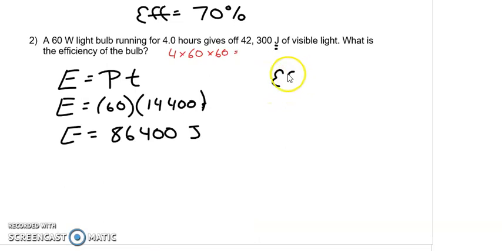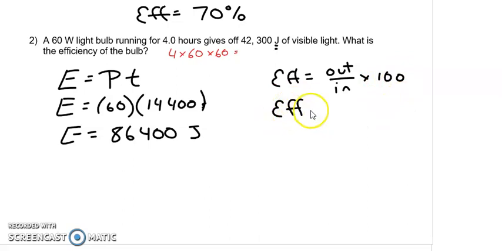So to find the efficiency, we're going to take a look at that. Again, the output over the input multiplied by 100. So we get 42,300 joules of visible light and 86,400 joules of electrical input.